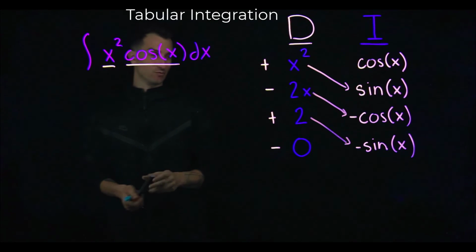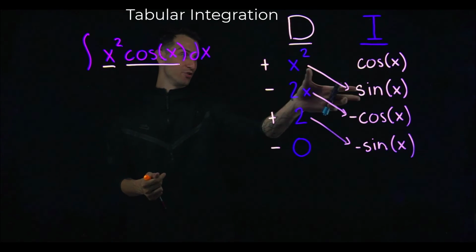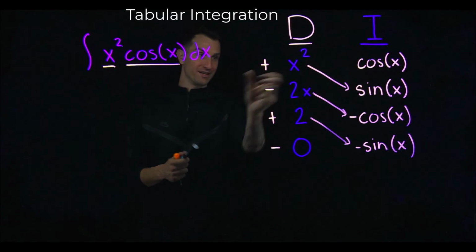All right, so rather than do double integration by parts, we now have our solution. We're just going to multiply our diagonals here. We have a plus sign to lead.